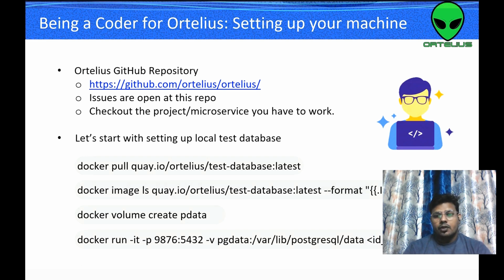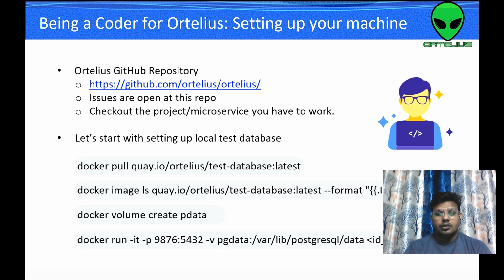So what do you have to do for contributing as a developer in Ortelius? Obviously you have to set up your local machine. We have our official repository, github.com/Ortelius/Ortelius, and it has all our code.